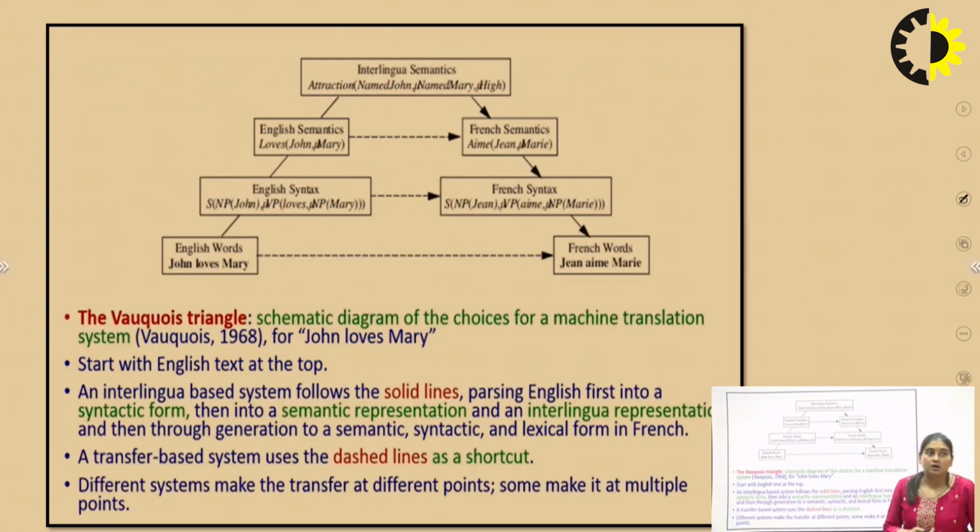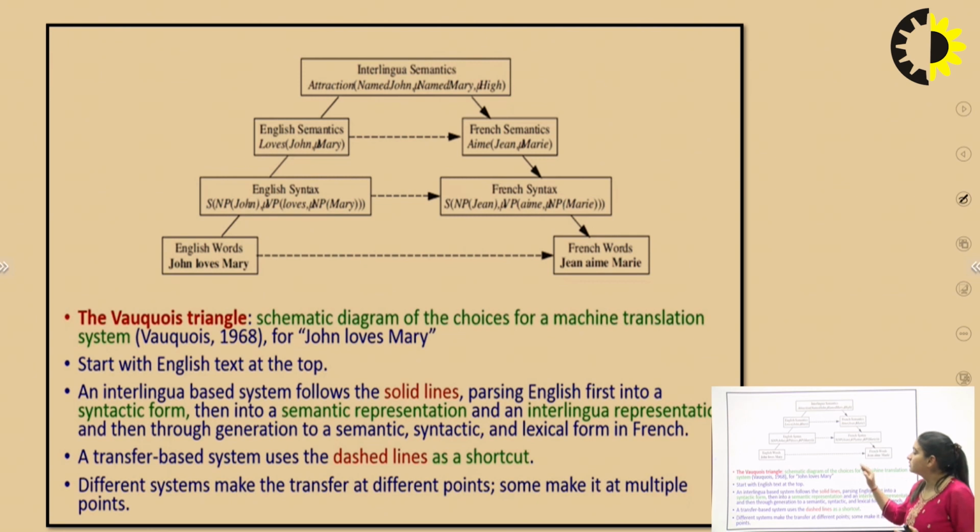Now, this is a diagram called a triangle, a symmetric diagram of the choices for the MT system for John loves Mary. John loves Mary is a sentence in the English language, so these are English words.